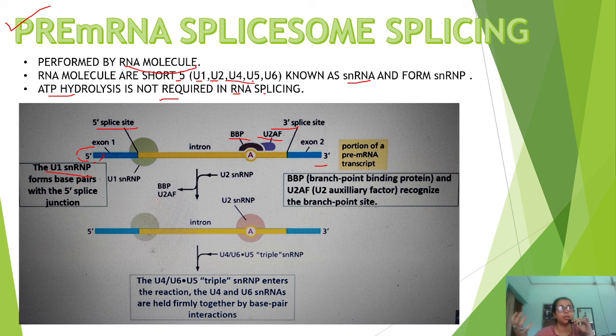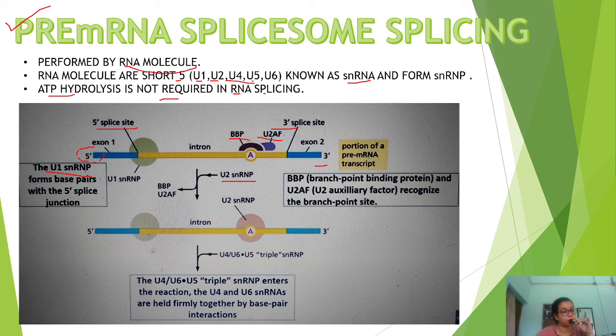Once the branch point is recognized, there is no use for them. So they are removed.